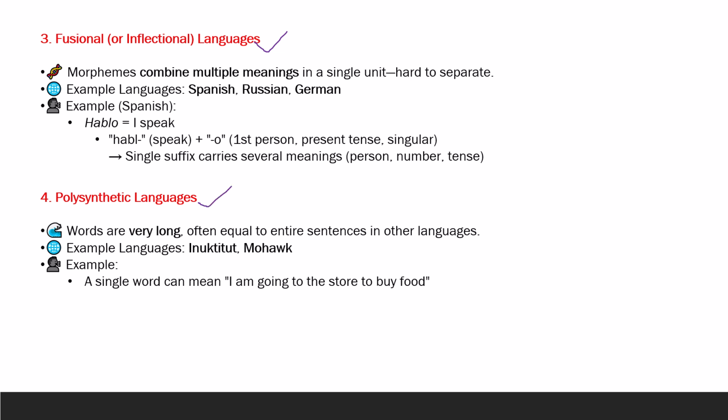Next one is polysynthetic languages. Finally, polysynthetic languages like Inuktitut form extremely long words that represent an entire sentence, for example, "I am going to the store to buy food".